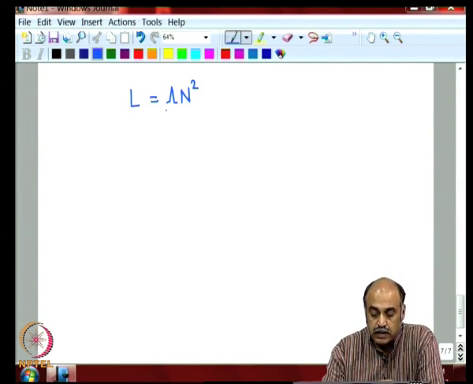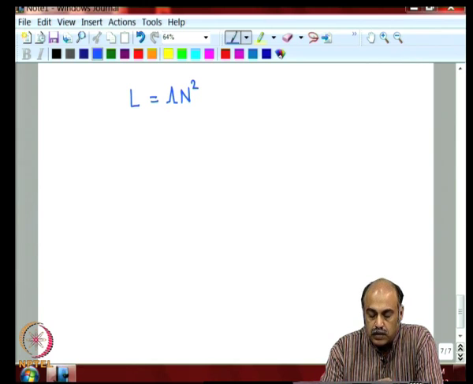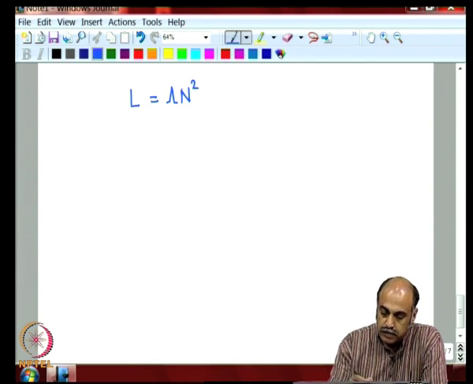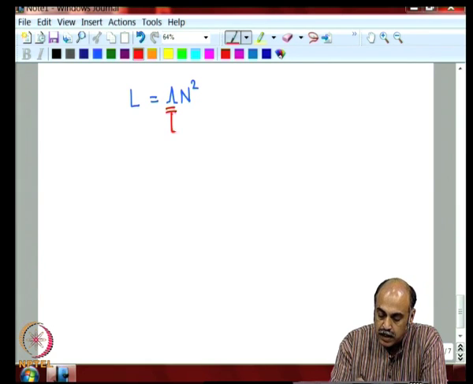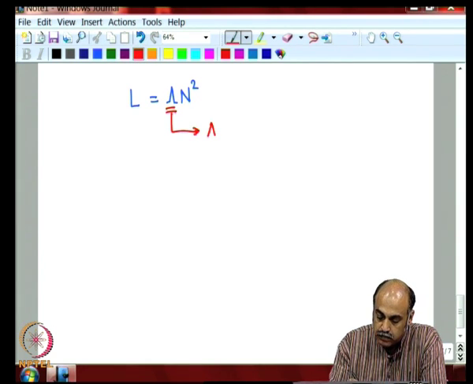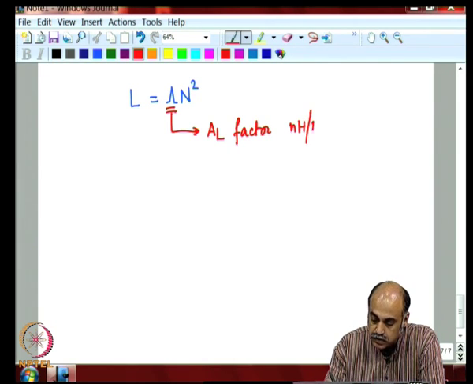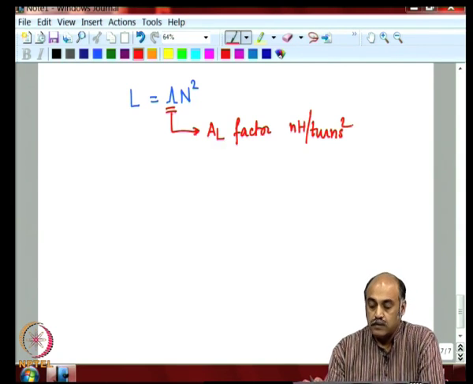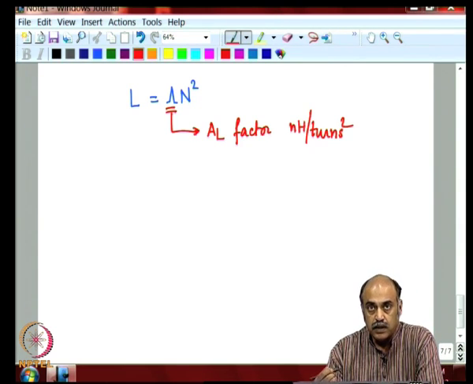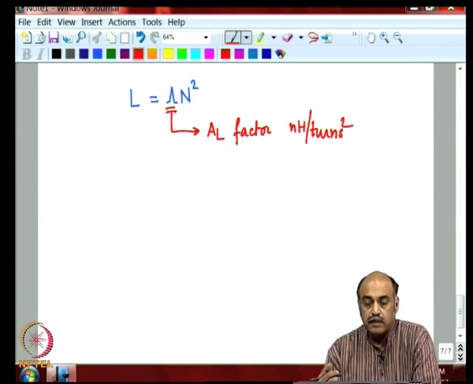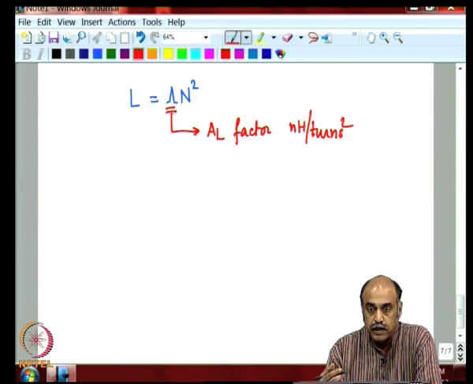This is an important relationship because in many of the core catalogs, this permeance value is given as what is called the AL factor. This has units of nano Henry per turn square. So, this is given in the data sheets in many of the gapped cores or the inductor type cores.